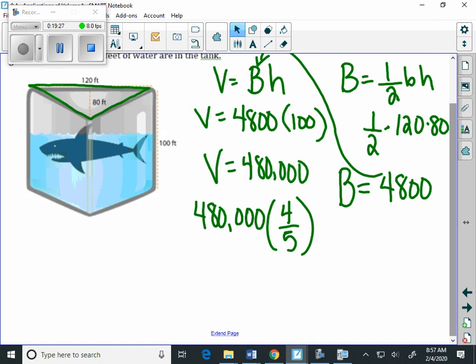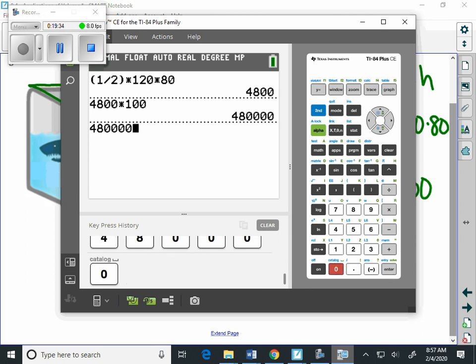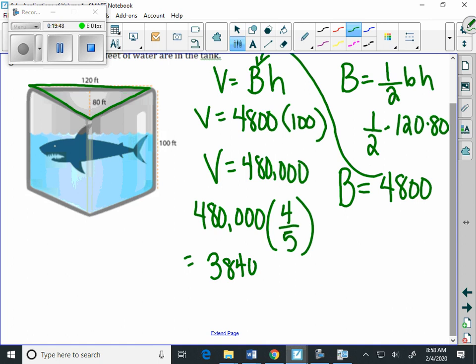So again, we pull out our calculator, or we pull out Desmos. So we've got 480,000 times 4/5. Again, you don't have to have that fraction button to do this. And when we finish here, we get 384,000 cubic feet of water.